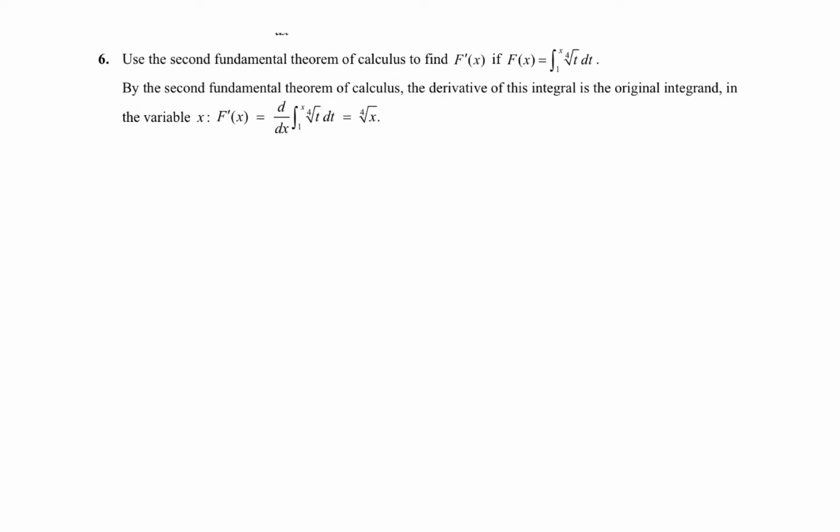Okay, now let's go to the next problem. The problem says the same thing. Given f of x equal the integral from 1 to x of the fourth root of t dt, what is the derivative of f of x?